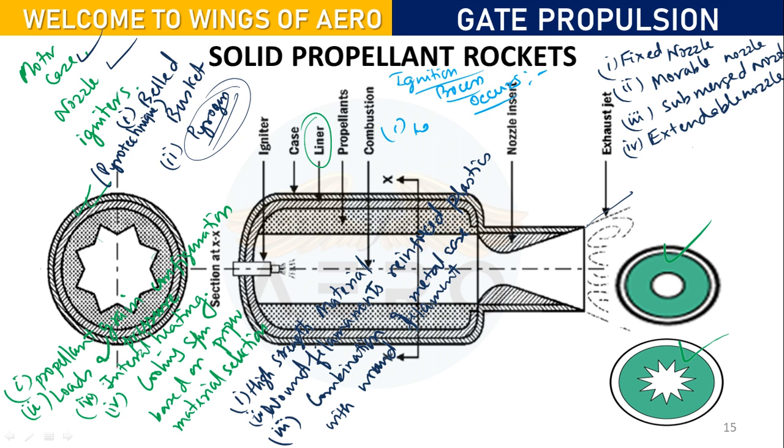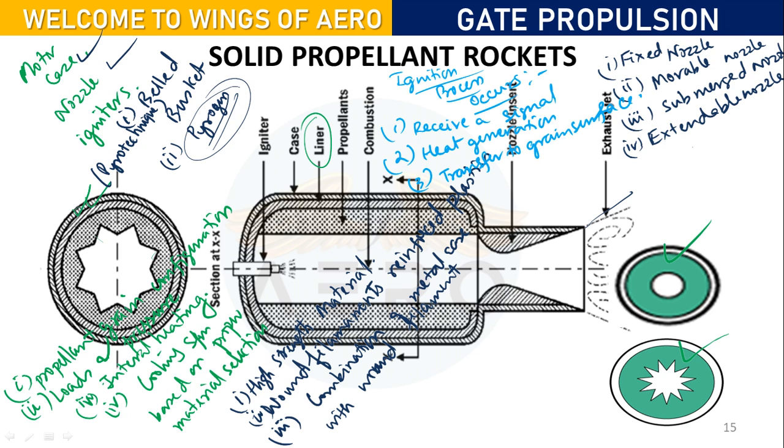After they get an electric signal, it will spark and get heated up, so heat generation will occur over the surface. Then from there, what will happen? This heat will transfer to the grain surface.